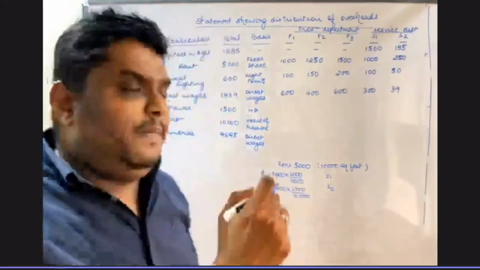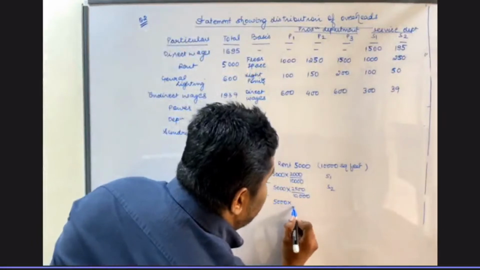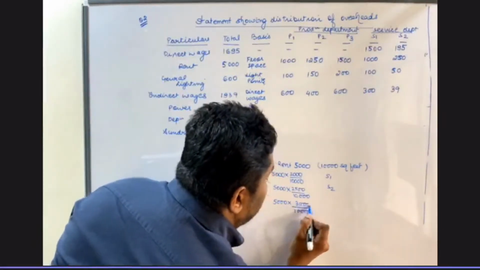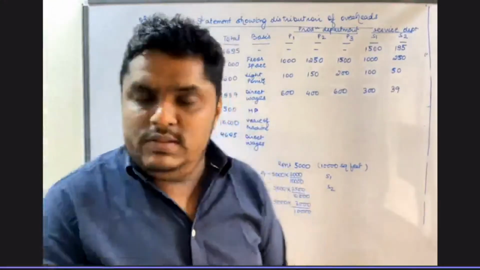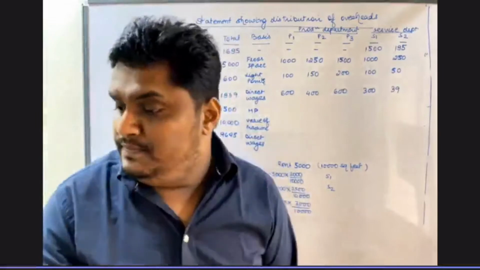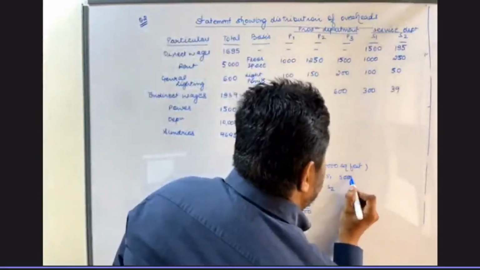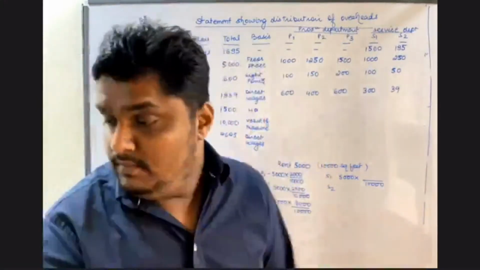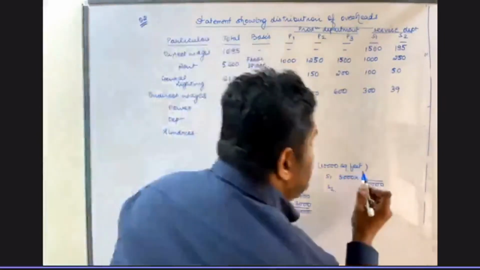For production department 3, the area is 3,000. So total 5,000 needs to be distributed: 10,000 is the total area into the area that belongs to production department P3, which is 3,000. And similarly, 5,000 into the area that is used by service department S1, which is 2,000.